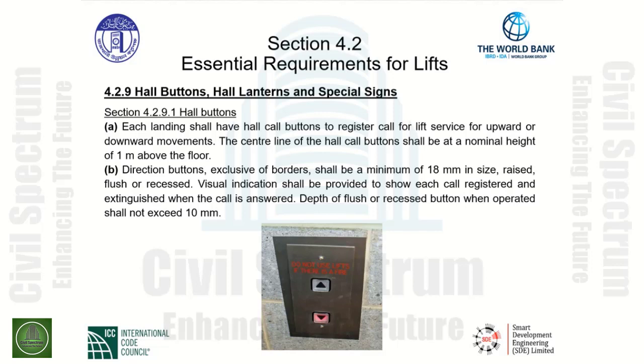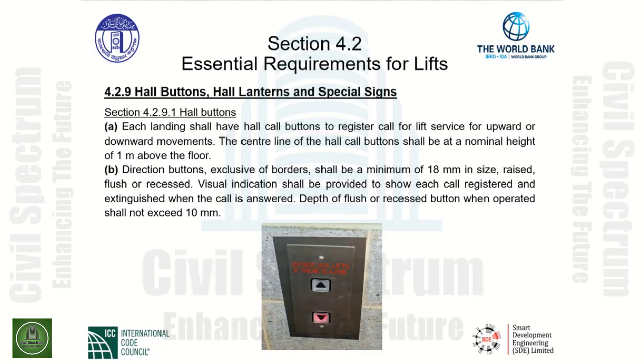Item B, direction buttons, exclusive of borders, shall be a minimum of 18 millimeters in size. Raised, flush, or recessed is acceptable according to this section of the code. Visual indication shall be provided to show each call registered and extinguished when the call is answered.